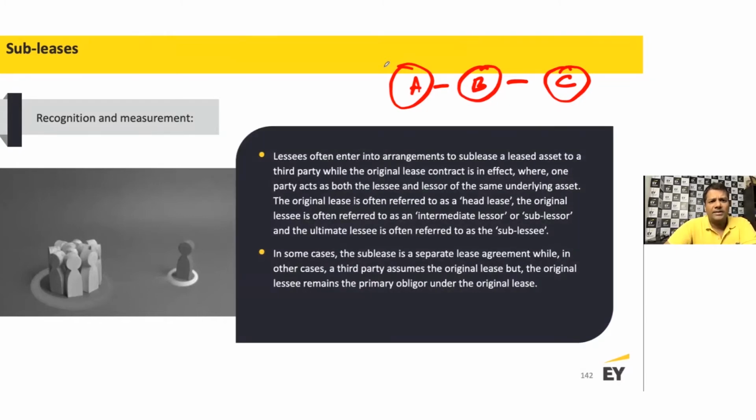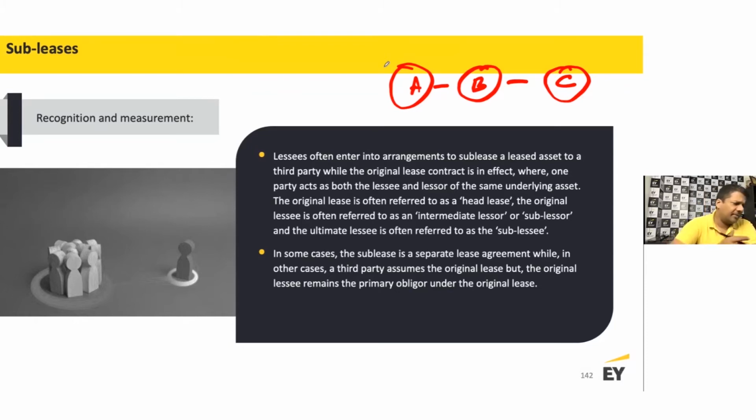A lessee often enters into arrangements to sublease a leased asset to a third party while the original lease contract is in effect, where one party acts as both the lessee and lessor of the same underlying asset. The original lease is often referred to as a head lease. The original lessee is referred to as an intermediate lessor or sublessor, and the ultimate lessee is the end user, the sublessee.